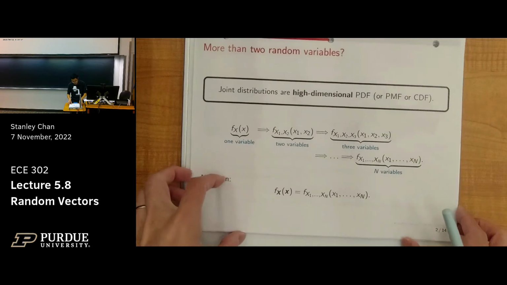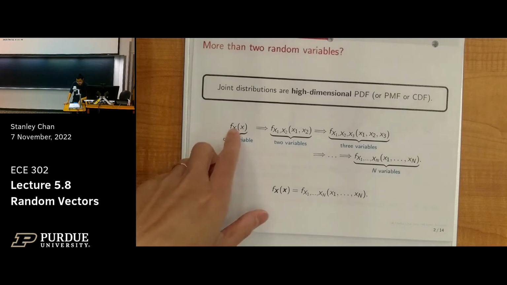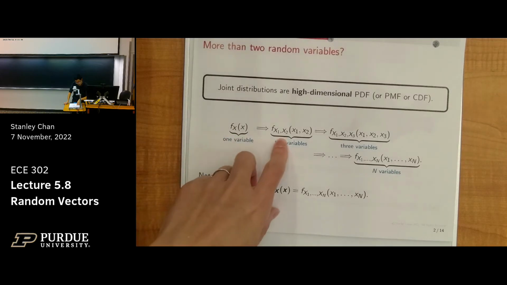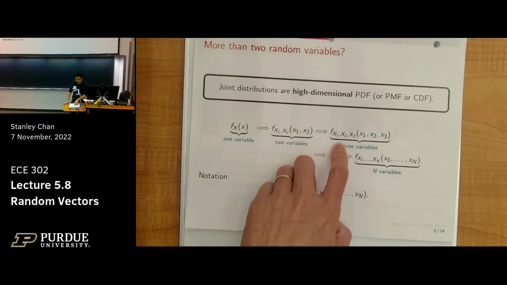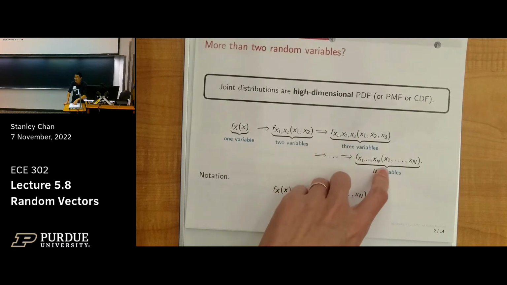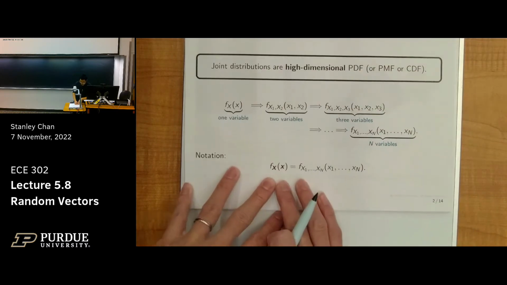With more than two random variables, the joint distribution is just a high-dimensional PDF. The way to think about it is that you go from one random variable to joint distributions. So you have a pair of random variables, f(x1, x2). Now, easily, you can make it into 3 variables, into n variables. So you just have a lot of random variables. And now, if I'm lazy, I will just call it f(x).